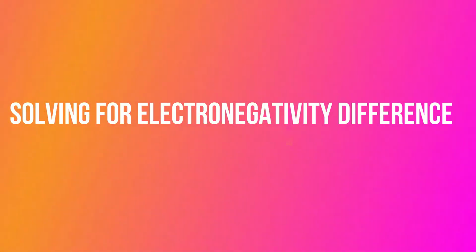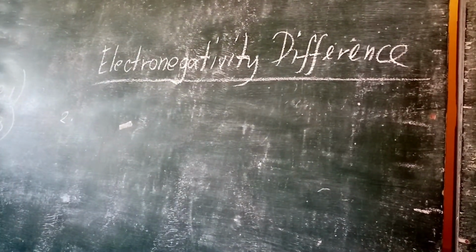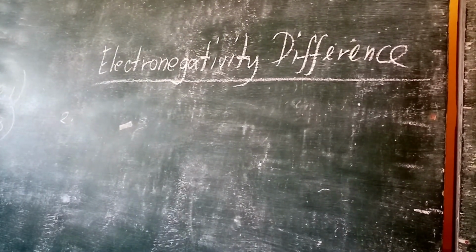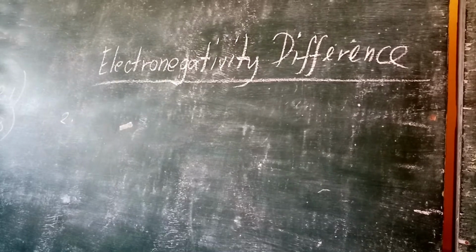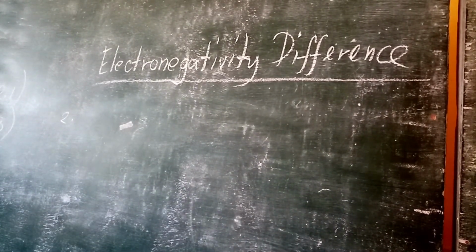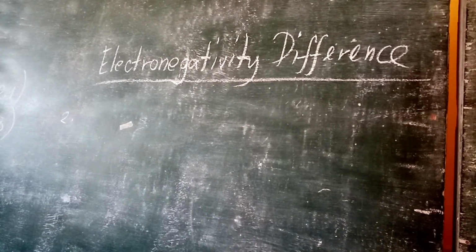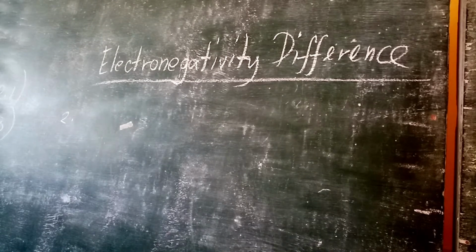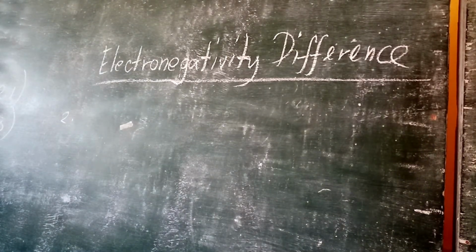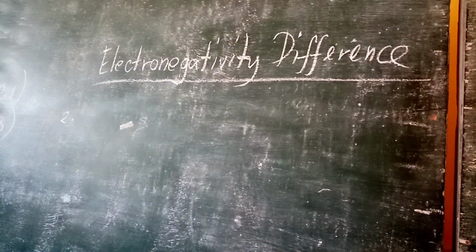Okay, so let's proceed to the second example for the electronegativity difference to know what type of bond the compound possesses. Number 2, we have silicon and hydrogen. The electronegativity value for silicon is 1.8 and for hydrogen is 2.1. Take note, you have to determine the greater value and the lesser value. The greater value will serve as the minuend and the lesser value will serve as the subtrahend.